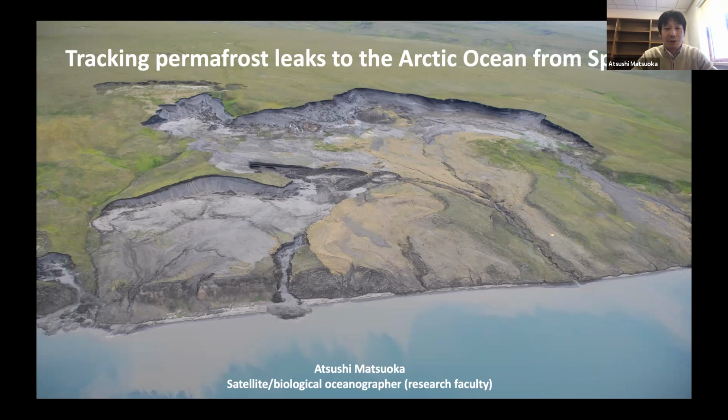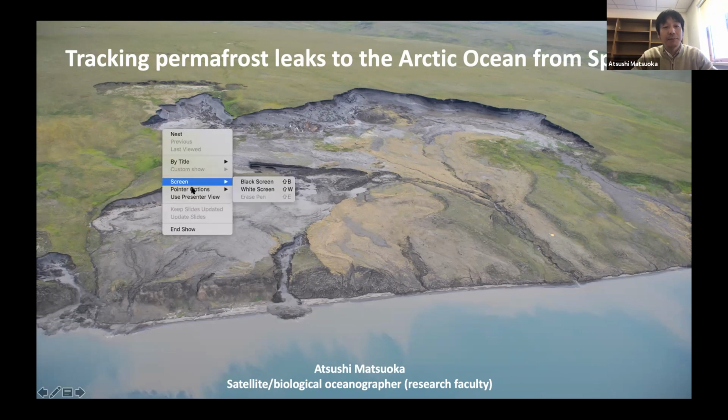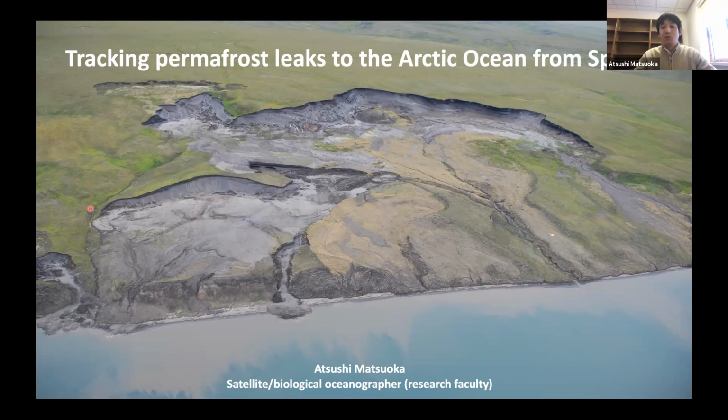This picture shows the collapsing landscape due to the thawing of the permafrost. We can also see the permafrost leaks into the Arctic coastal waters. This is what I will be talking about.